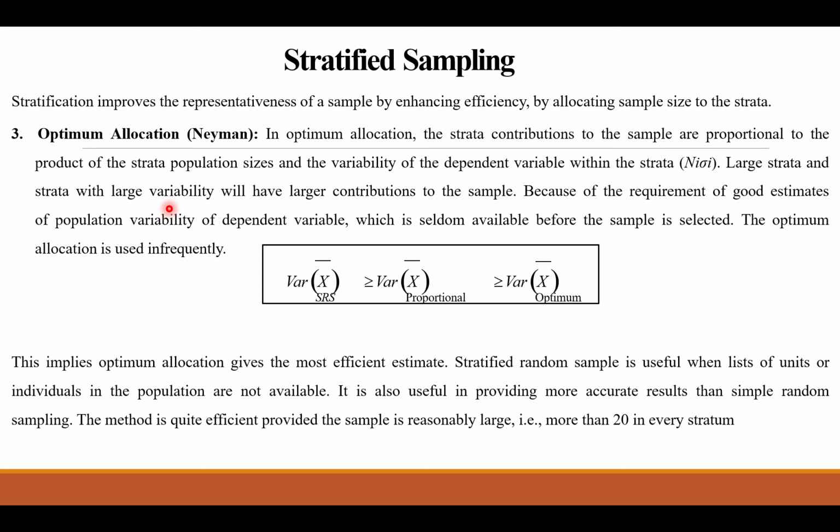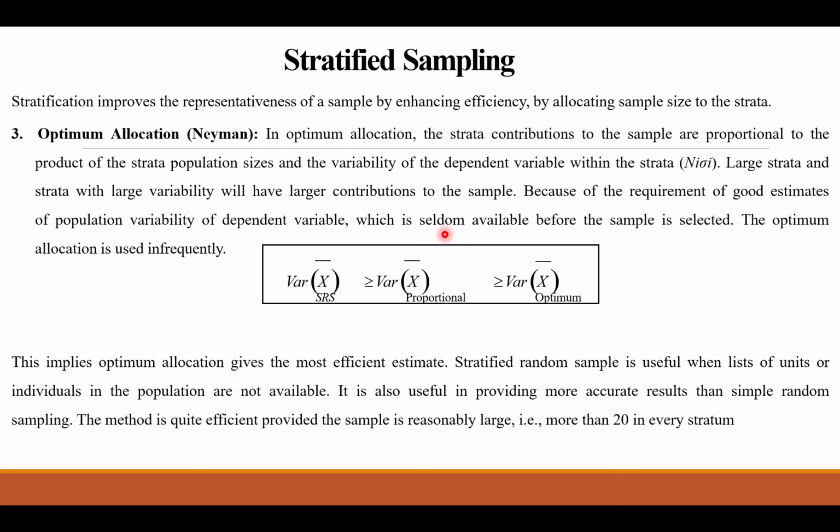Then optimum allocation, which is given by Neyman. In optimum allocation, the strata contributions to the sample are proportional to the product of the strata population size and the variability of the dependent variable within the strata, that is, Ni sigma i.